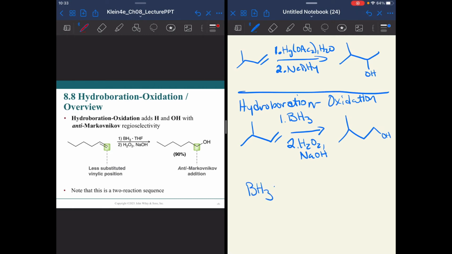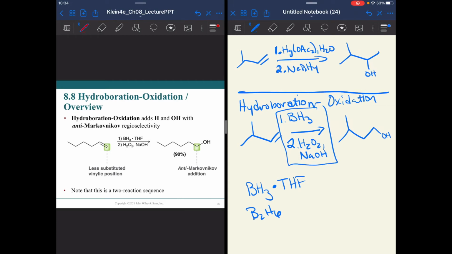Now, in step 1, BH3, borane, if you see it with THF, the THF is just there to stabilize the BH3. Sometimes you see it, sometimes you don't. Sometimes you'll see B2H6. You need to memorize something so that if I ask you for reagents, you know what to use. I recommend what I've drawn here.